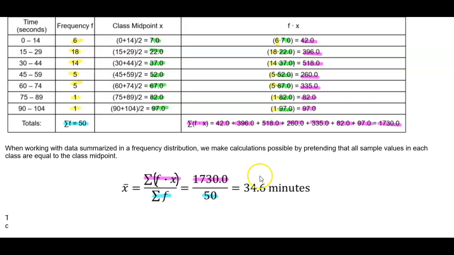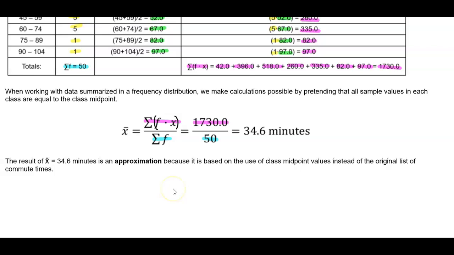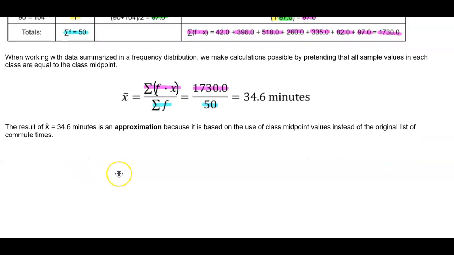We're going to go one more decimal place, which gives us 34.6. So therefore, we would say that the result of the sample mean equal to 34.6 minutes is an approximation because it is based on the use of class midpoint values instead of the original list of commute times.